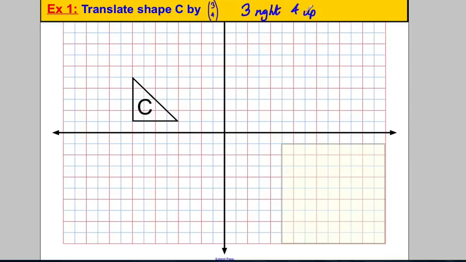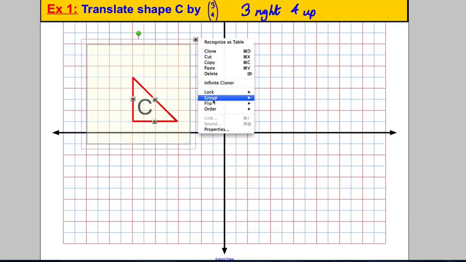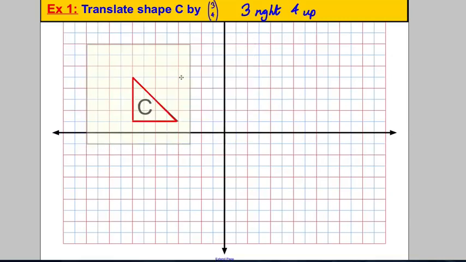So there are two ways we can do this. The first way is we can use our tracing paper. We can get our tracing paper, place our tracing paper over the shape, trace out the shape that we are going to translate or move, as follows. And then we're going to move the tracing paper 3 right and 4 up.